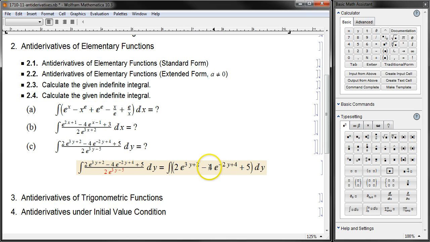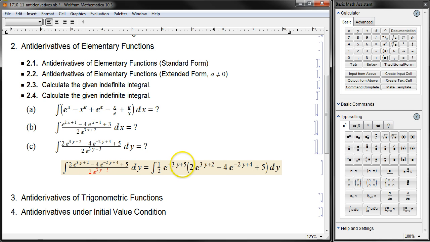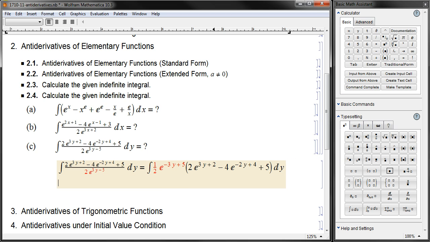Okay, and then what do we have? 1/2 times e to the negative 3y plus 5. Okay, including the color coding, everything is done, I guess. Does everything look okay now?